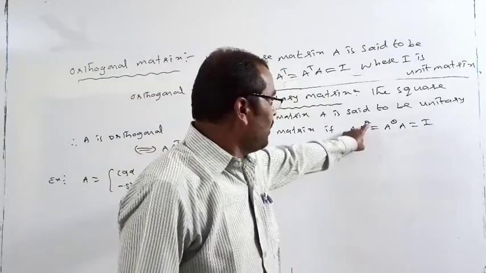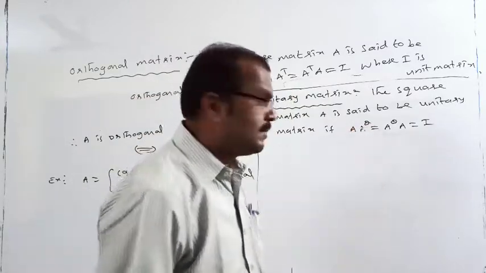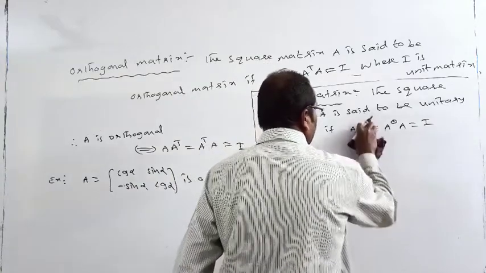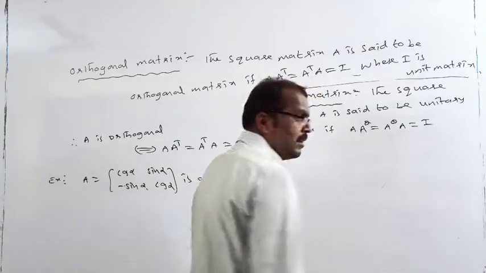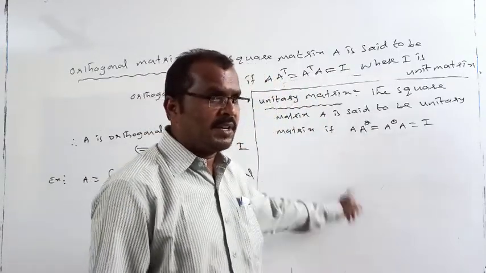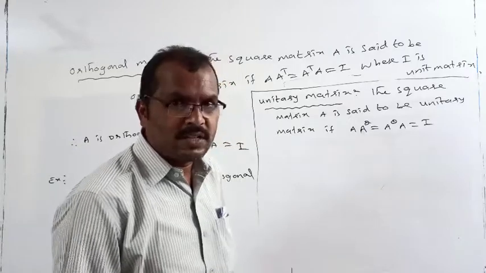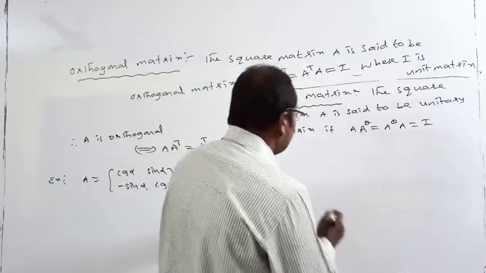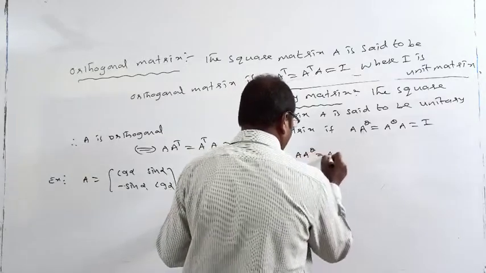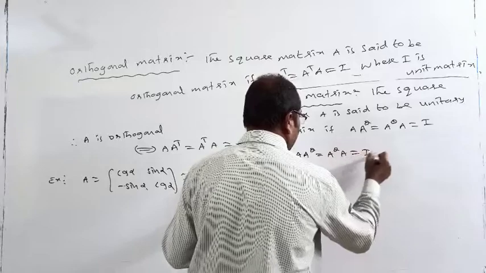In place of T, we have here theta. So what is the meaning of A power theta? Transpose conjugate of a matrix. We have seen already in the previous class. So therefore, A into A power theta equal to A power theta into A equal to I.